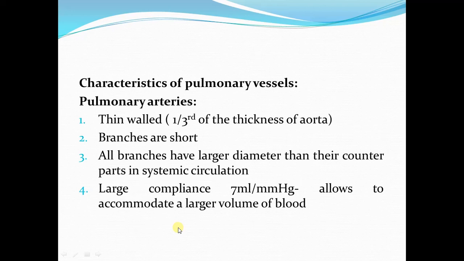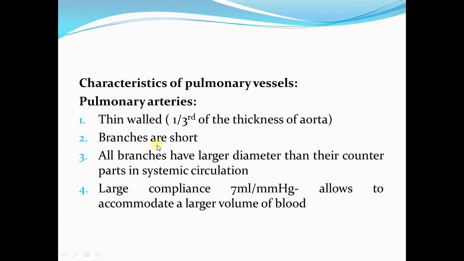Now we are going to briefly discuss the characteristics of the pulmonary vessels. First we are going to talk about the pulmonary arteries, and then we will talk about the pulmonary veins. Pulmonary arteries are thin walled as compared to their systemic counterparts. The thickness of the wall of the pulmonary arteries is only 1/3 of the thickness of the aorta.